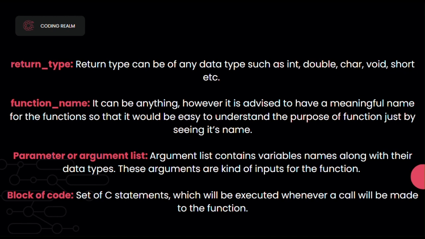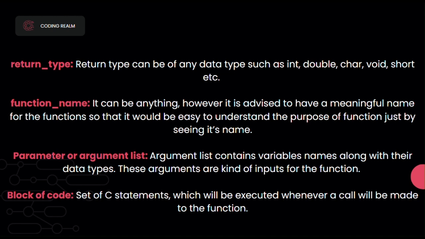The return type can be of any data type, such as integer, double, character, void, short. The function name can be anything. However, it is advised to have a meaningful name for the function, so that it is easy to understand the purpose of the function just by seeing its name.